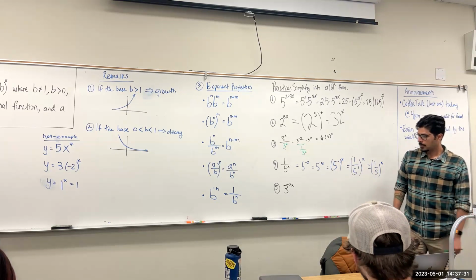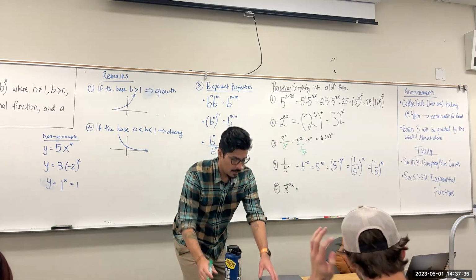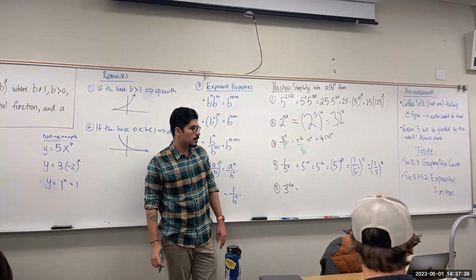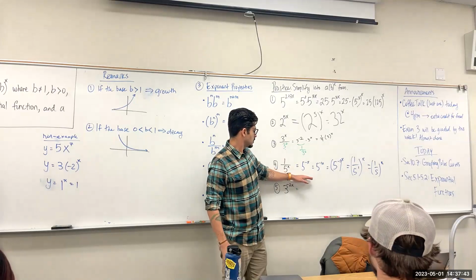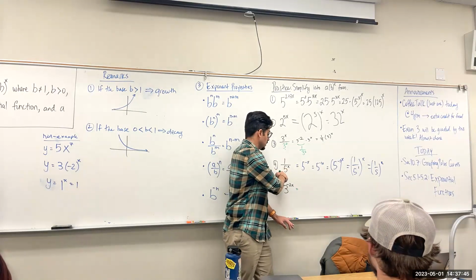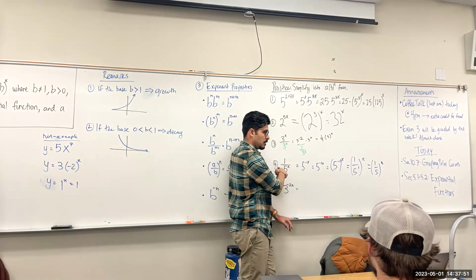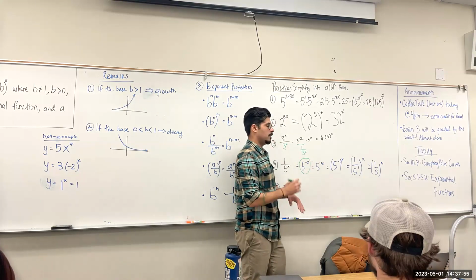Oh, I didn't pick someone for the 5th one. Let's do that real quick. Help me out here. What can we do? Real quick, why isn't the 4th one just 1 over 5 to the x, where the 5 is? It's not wrong.